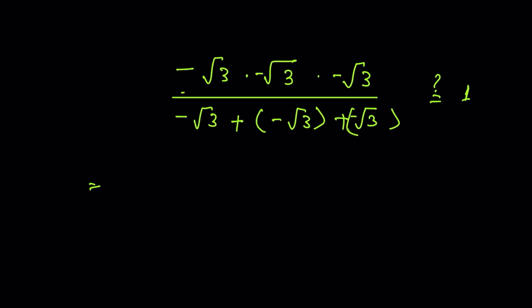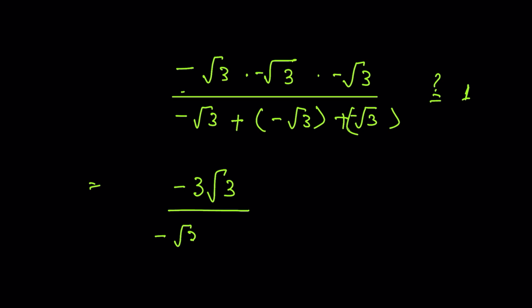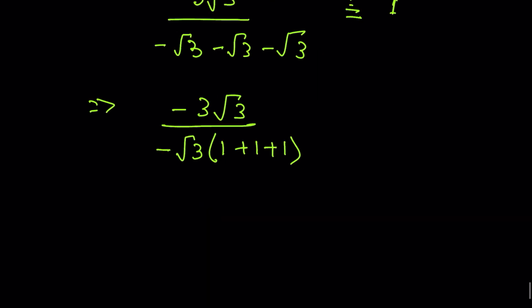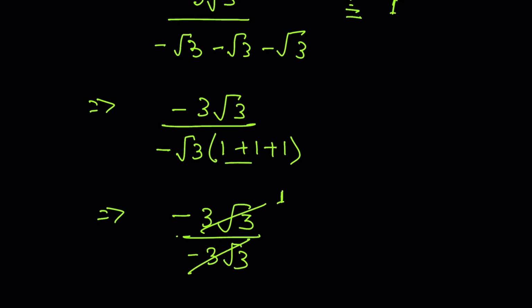Minus minus plus, then plus minus minus, so this is minus 3 times square root of 3, then upon it is minus square root of 3, again plus minus square root of 3, and then minus square root of 3, minus 3 times square root of 3. Here we can take minus square root of 3 common and write 1 plus 1 plus 1, or minus 3 times square root of 3 upon, this is also minus 3 times square root of 3, cancel them out, equals 1.